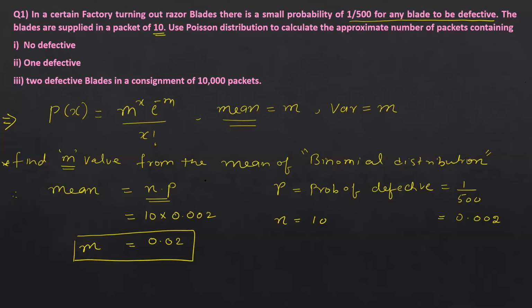So now we have got the m value. Now let us start answering the question. Don't forget that we are finding this defective with 10 out of 10,000 packets. So now put the value of m in the p of x. I will go to the next slide.